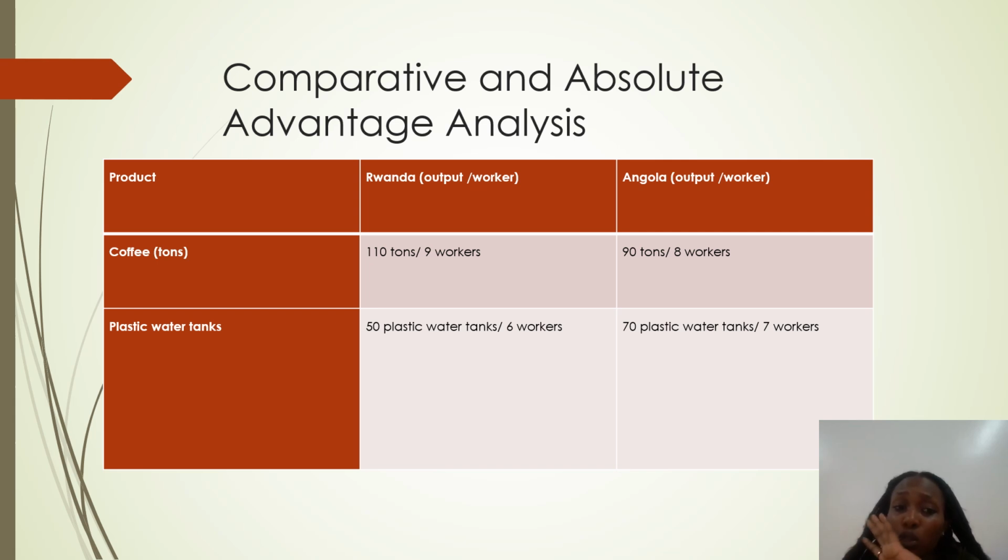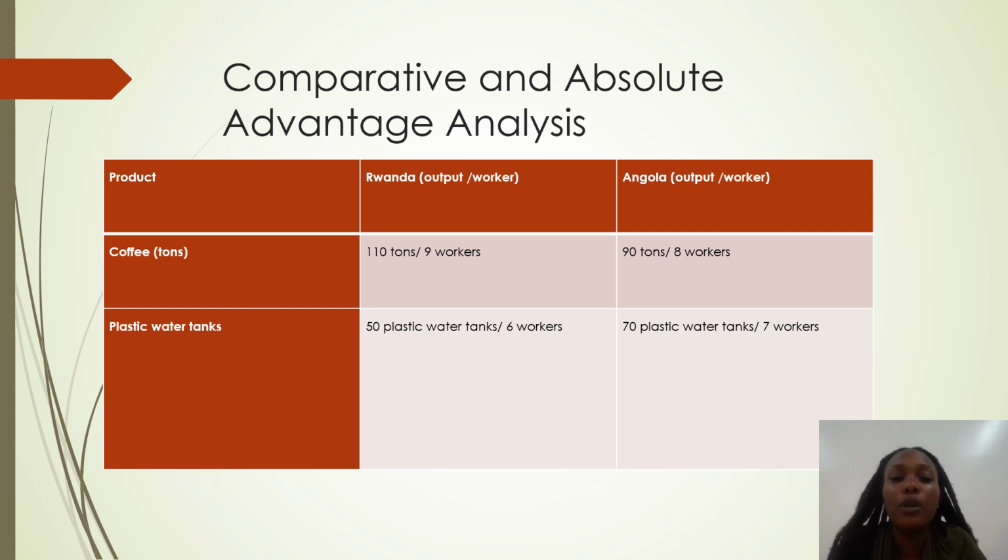But for Angola, eight workers can produce 90 tons of coffee. Even though Rwanda and Angola have almost equal numbers of workers, they don't produce the same tons of coffee.